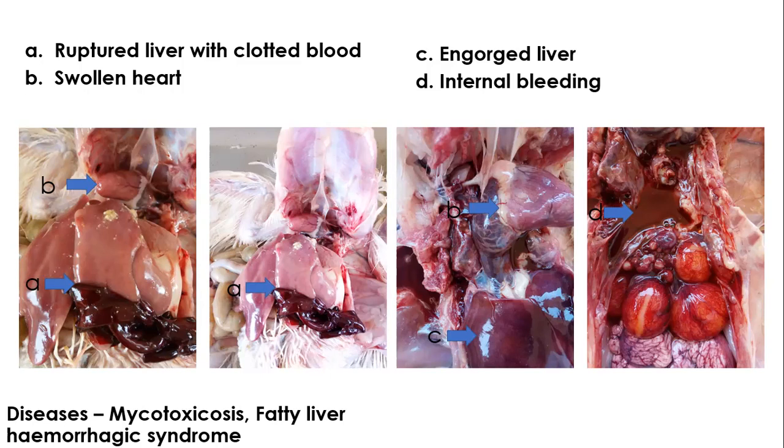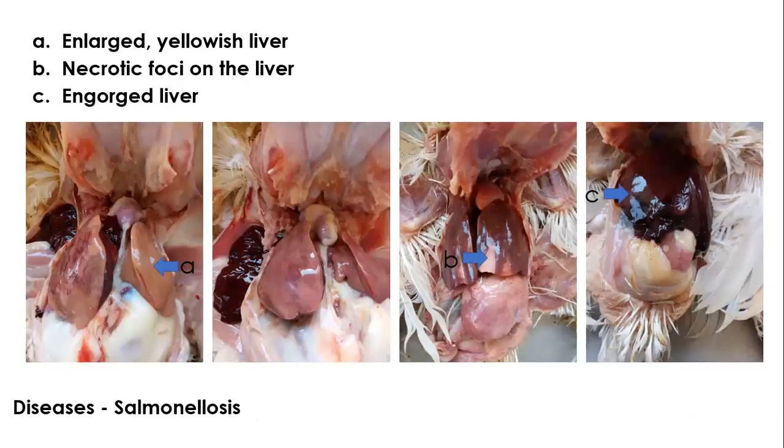So all of this also is part of what you can see in mycotoxicosis. You can see it in fatty liver hemorrhagic syndrome. So you can see some other diseases that we have not mentioned here. Then we have another set of liver: enlarged yellowish liver. We have necrotic foci on the liver.